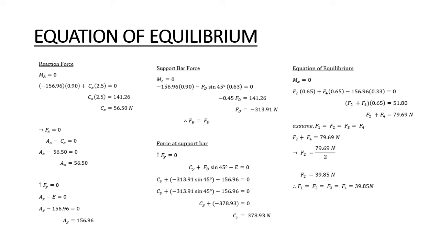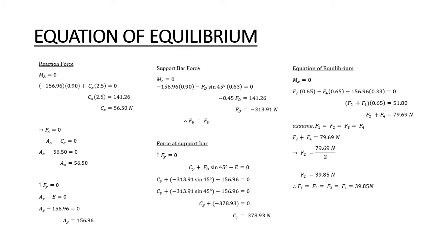The second method is support bar force, which is the moment about C equal to 0, which equals negative 156.96 times 0.9 minus FT sine 45 times 0.63 equal to 0.